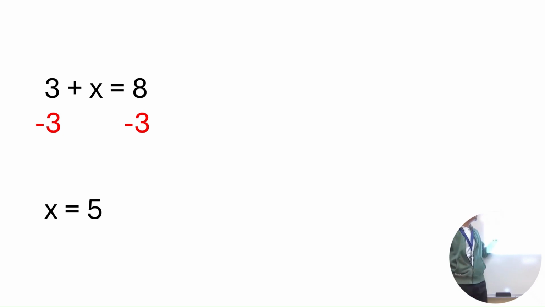Why do we need to put it on the other side too? What's the reason? We put this one to get rid of the 3, but why do you put a negative 3 on the other side of the equation? Why is it important?